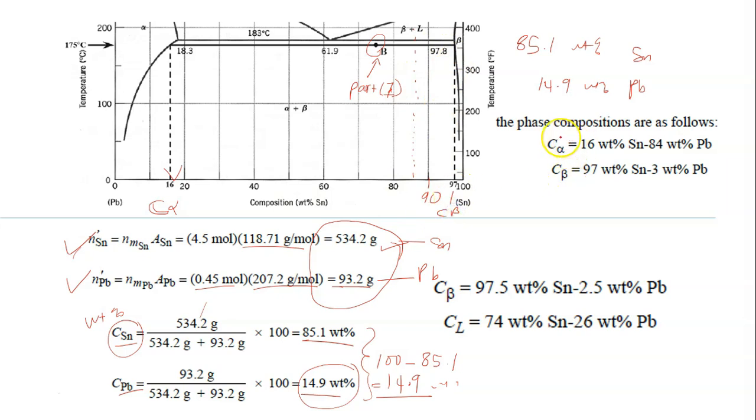So obviously C alpha is 16 weight percent of tin, and C beta is here 97 weight percent of tin. So this is for part 1, and this is for part 2. Okay, so this is what you need to calculate first. You need to find the composition of the alpha phase and beta phase.